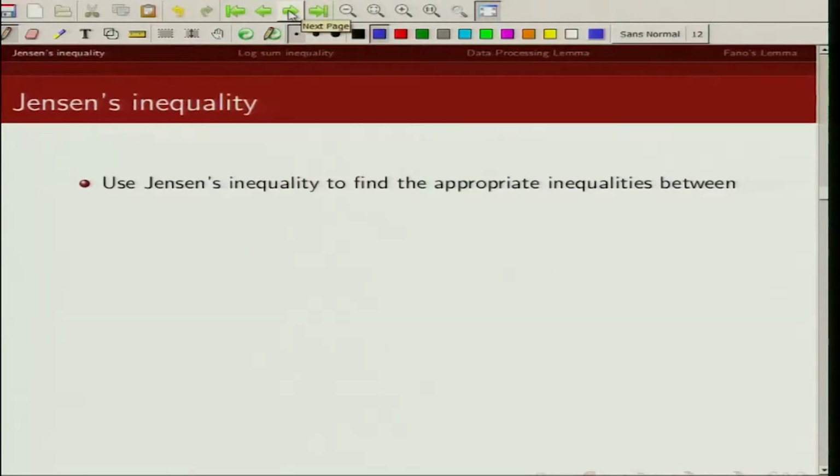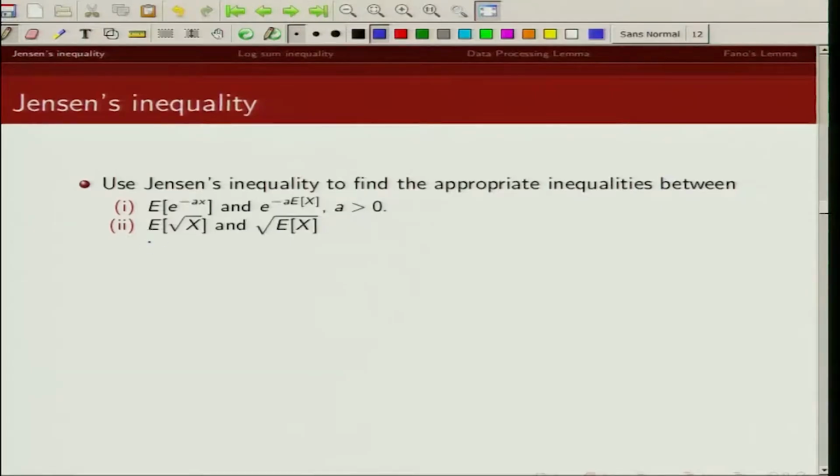So let us take some example to illustrate the Jensen's inequality that we have talked about. Use Jensen's inequality to find appropriate inequalities between the expected value of e raised to the power minus ax and e raised to the power minus a times the expected value of x, where a is greater than or equal to 0, and the second case that we are considering is the expected value of square root of x and the square root of the expected value of x.